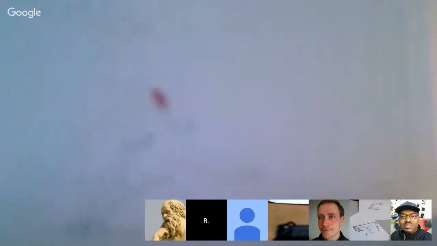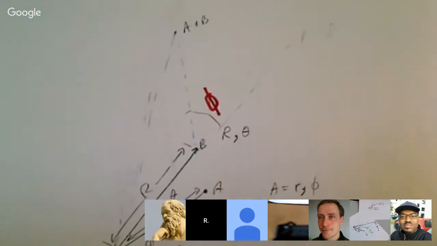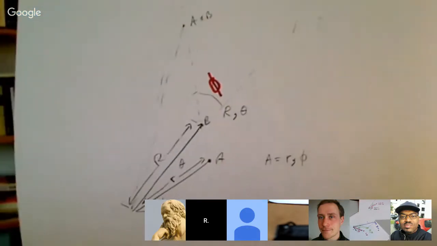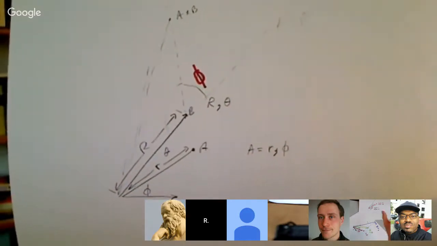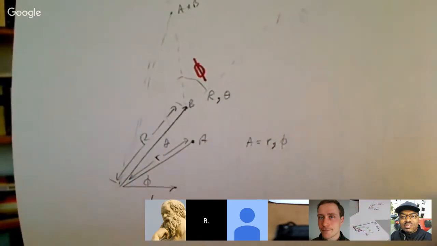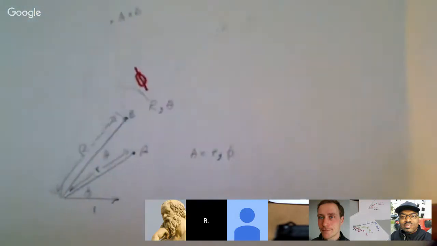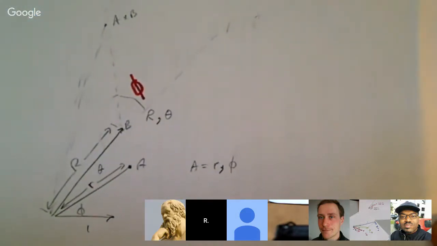The amount of rotation. Wait. Hold it up again. Now the angle back slightly. The angle phi. Okay. Let's look at those two angle phis. There's a mistake there with the red phi that you've drawn in.